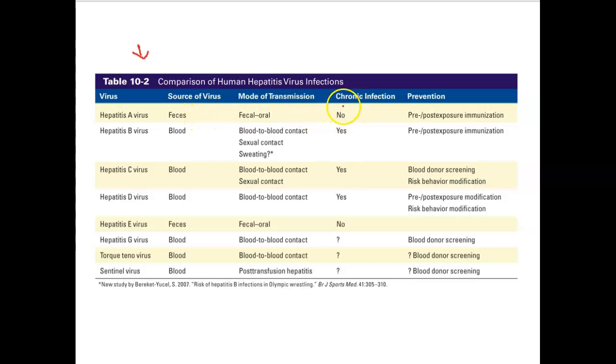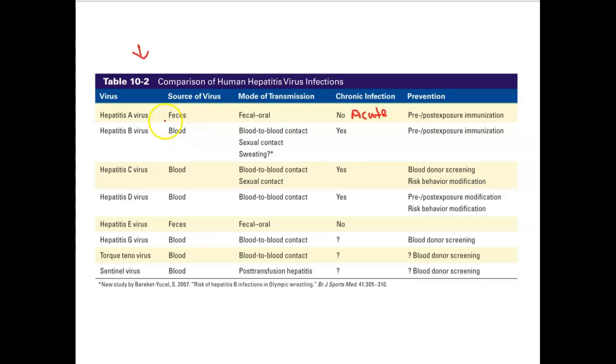This virus, hepatitis A, does not cause chronic infection. It's an acute infection. So you get sick and then you get better. It's self-limiting. There is a vaccine available for hepatitis A.